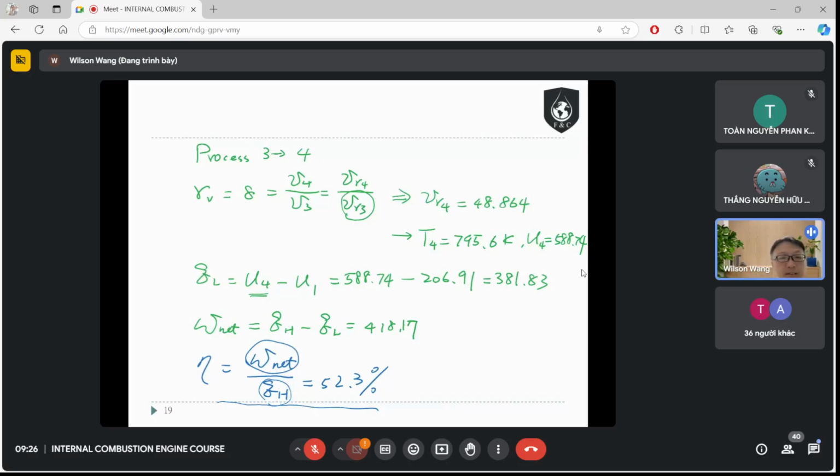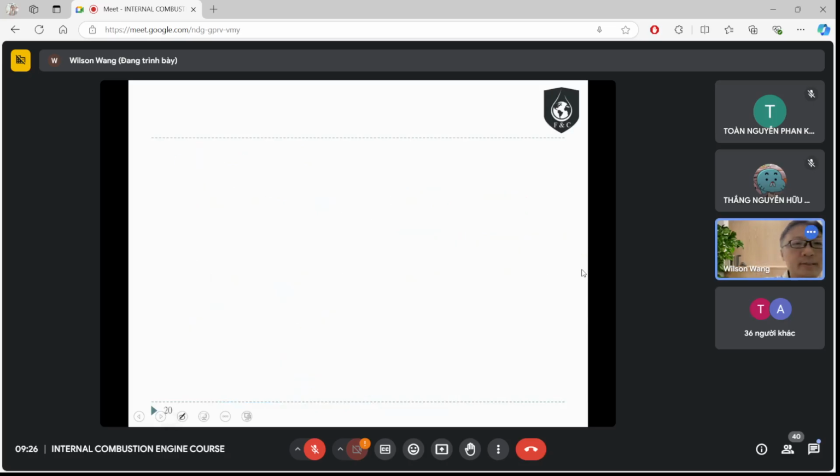Okay, and then we note the network we calculate here is the mean effective pressure multiplied by the volume change.